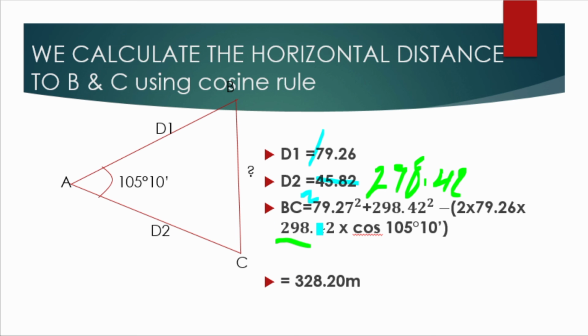So for the final answer, you find the square, because here we had BC squared is equal to that. This is the cosine rule. By correct use of your calculator, you find the distance BC as 328.20 meters. This is the calculation done using my concept.